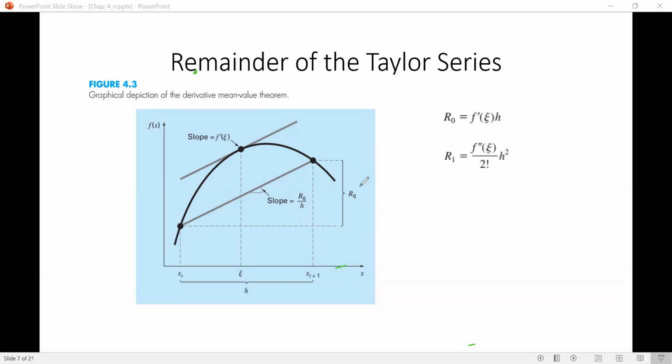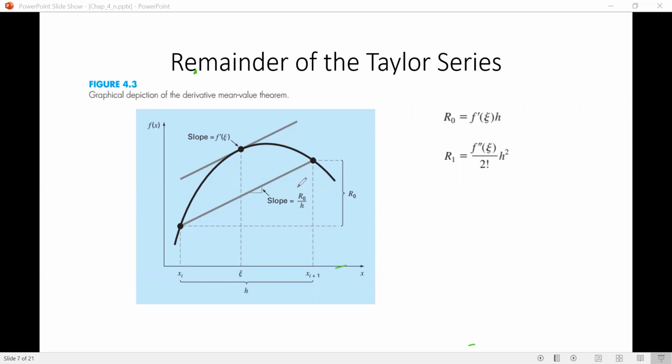If a function is continuous and the derivatives are also continuous between two values of your independent variable, then you may have a point between these two values where you can calculate the slope, and that slope can be used to approximate this function.